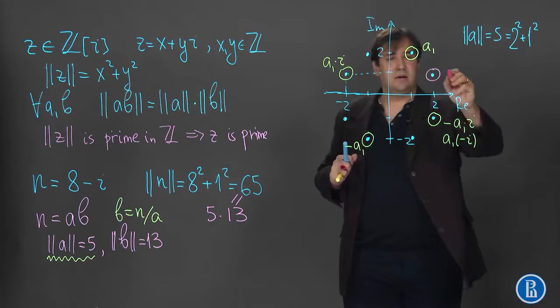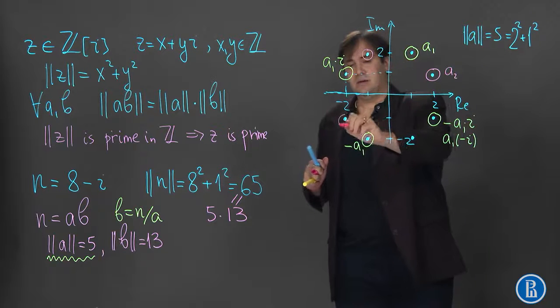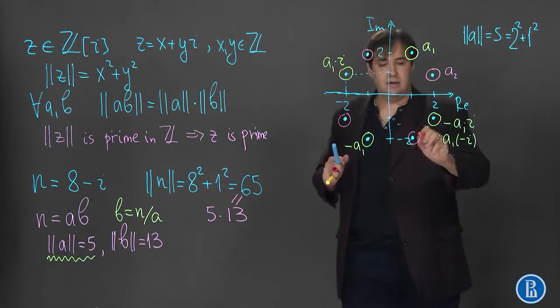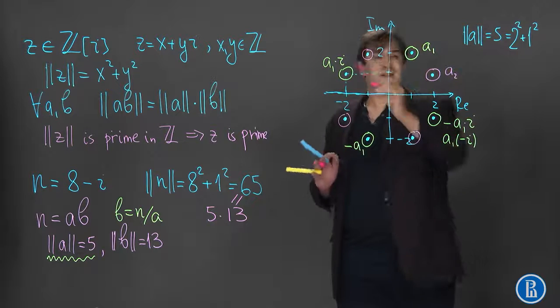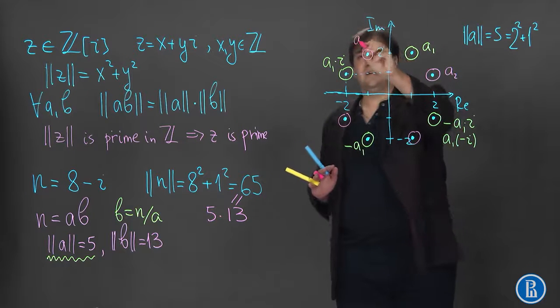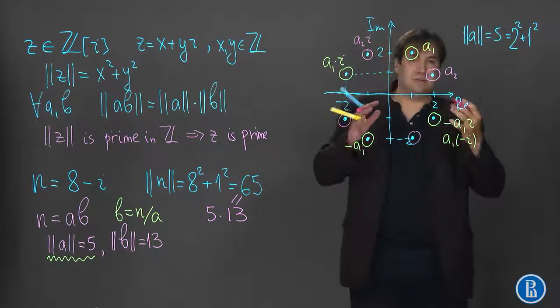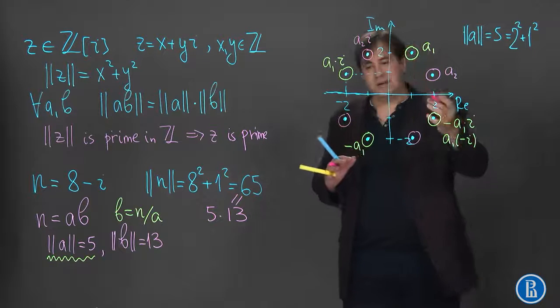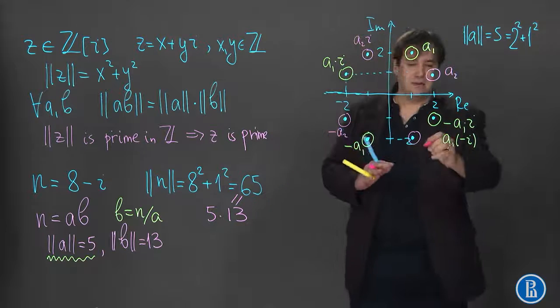This one here, denoted A2, and this one, and this one, and this one. And we understand that this one is equal to A2 times i, and this way is associated with A2, and also this one is associated with A2, and also this one here.